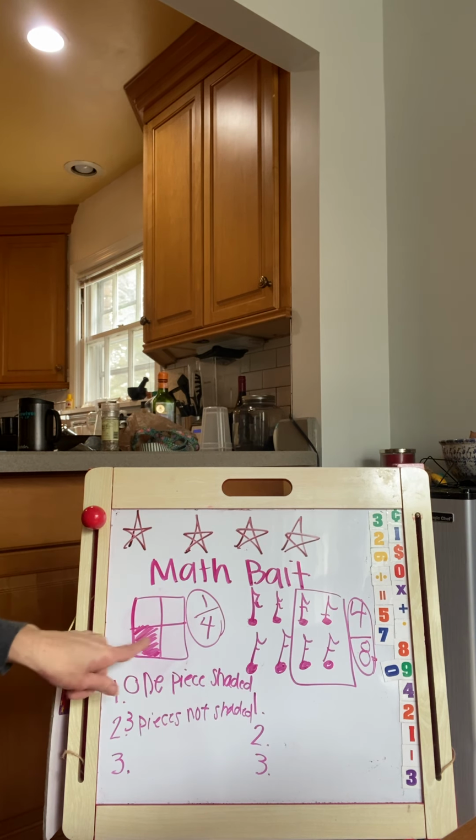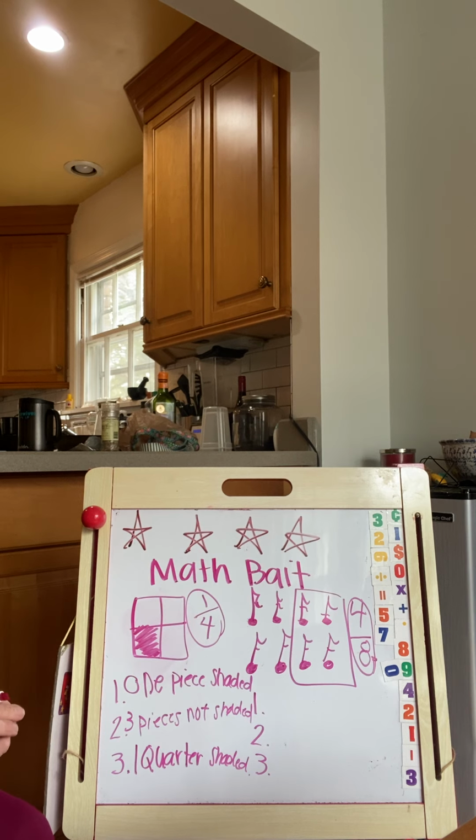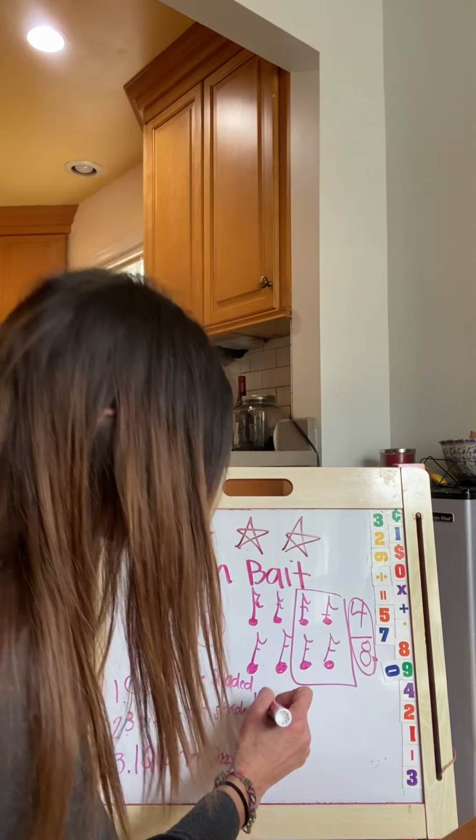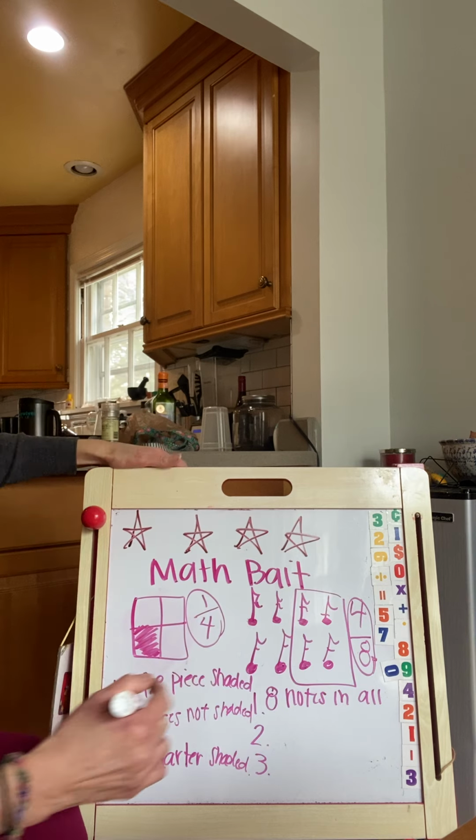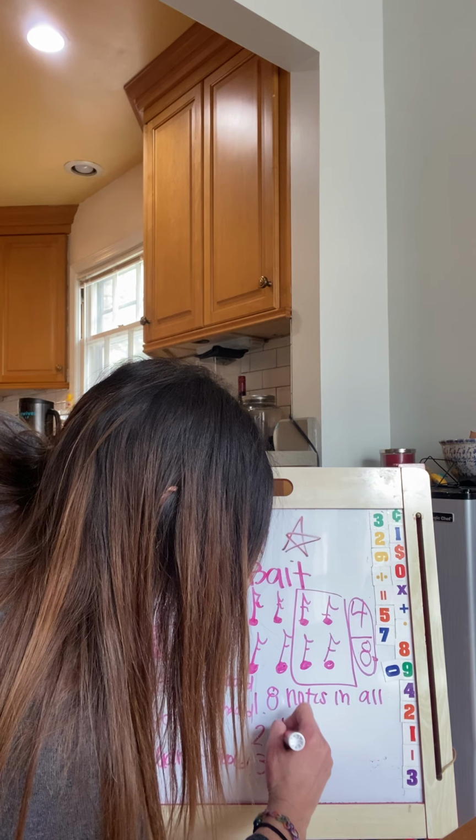Okay. And then over here, some things that we could say is that we have 8 music notes in all. Okay. And then number 2, we could say that 4 of those music notes were circled.